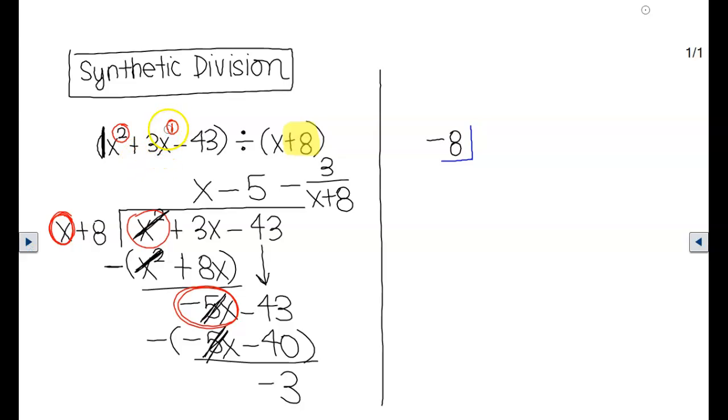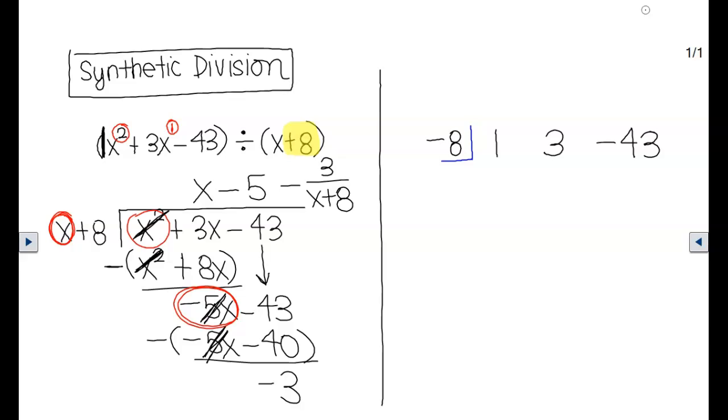For 3x to the first, my coefficient is a positive 3. And for minus 43, my coefficient is a negative 43. So I'm going to write 1, 3, and negative 43. For the part that I'm dividing, I take the 3 coefficients, one from each term, and I write those beside that backwards L.